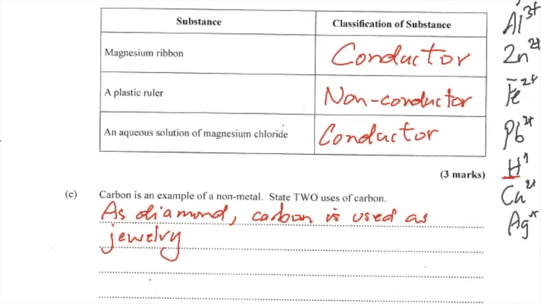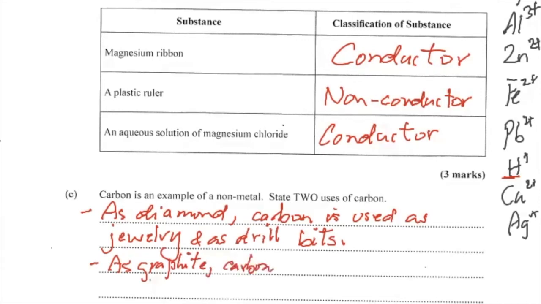It's also used as drill bits. We just need one. The only thing that can be used to cut diamond is another diamond. And as graphite, carbon is used to make electrodes in industries.